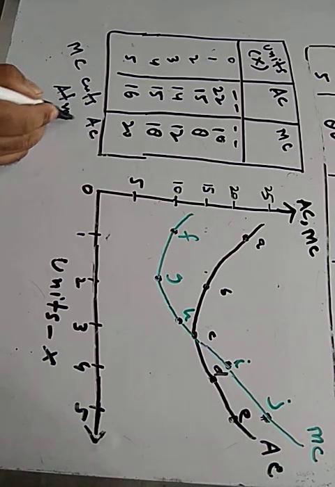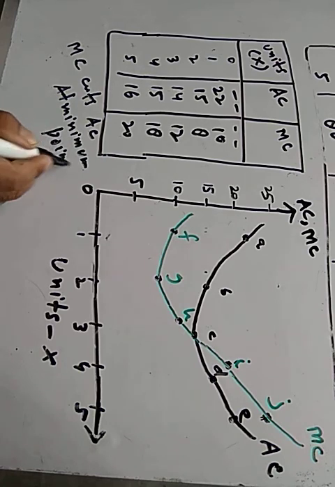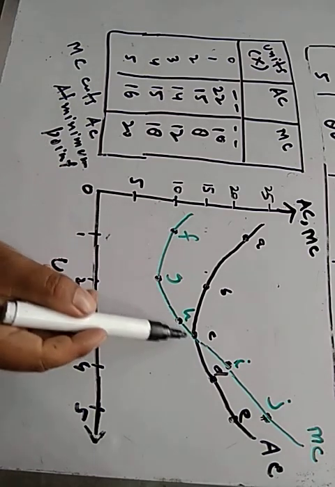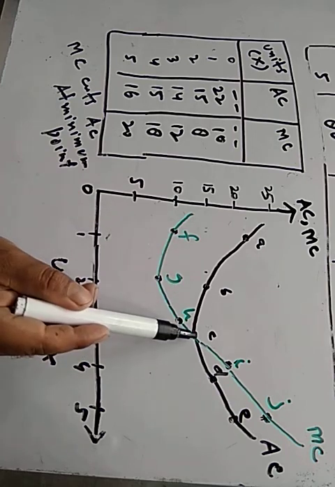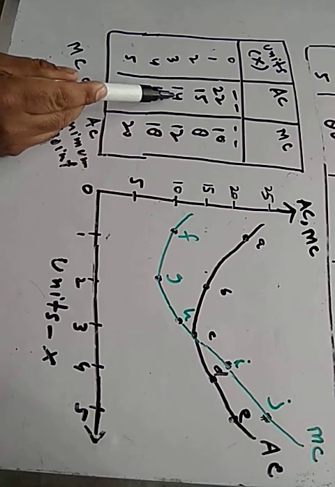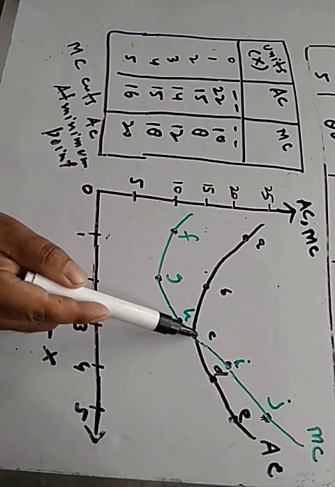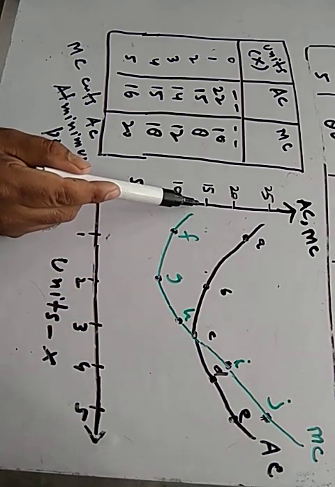This is shown in this graph. This is the minimum point of average cost, that is equal to 14. This point C shows average cost equal to 14.